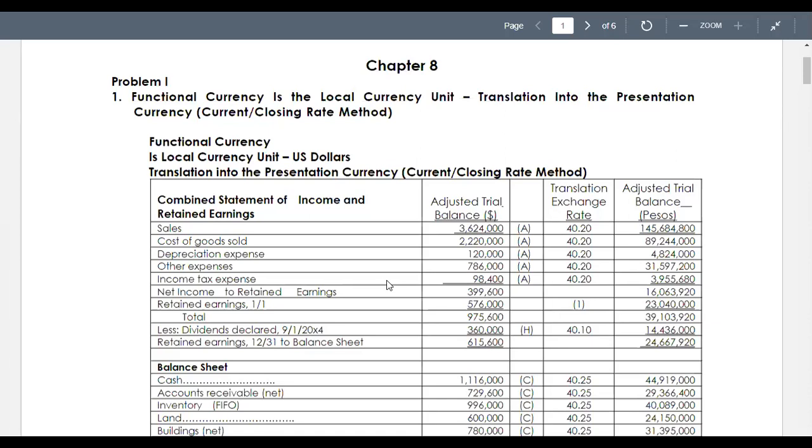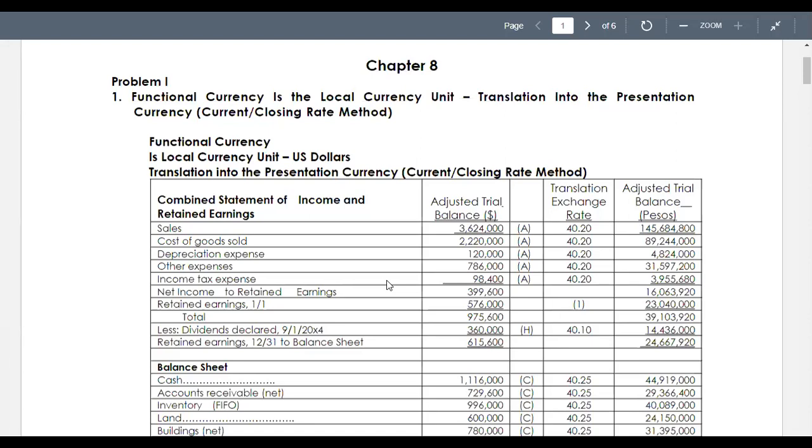However, we are talking about acquisition. So the possibility is that the acquisition is made only during the year, but the affiliated company or the acquired company already had its beginning retained earnings. So you take that as the beginning balance.